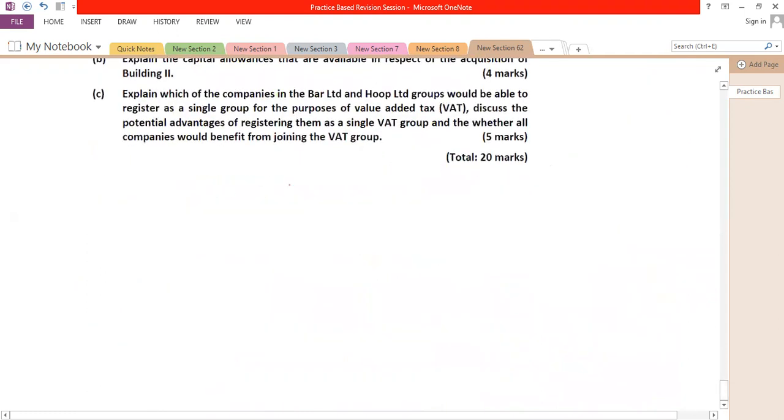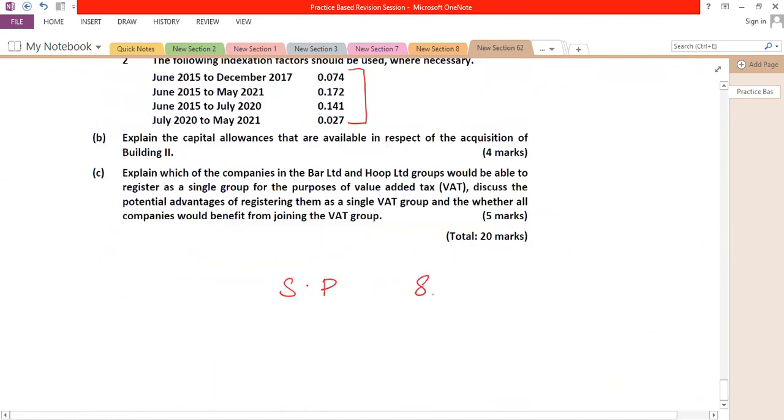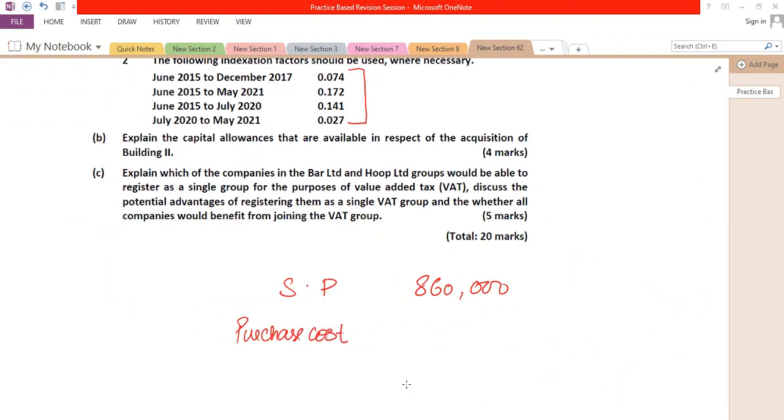We have to calculate the gain, and that is a working. We have to do it in Excel. So for the chargeable gain, first of all, the sale proceeds were 8,60,000. Then we have the allowable cost. So we have the purchase cost of 3,15,000.